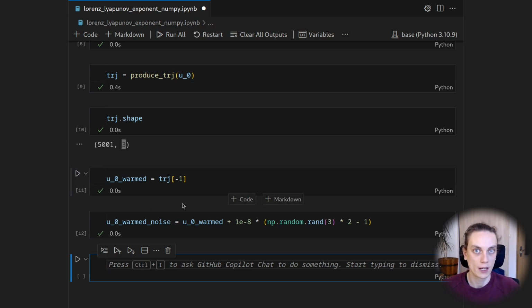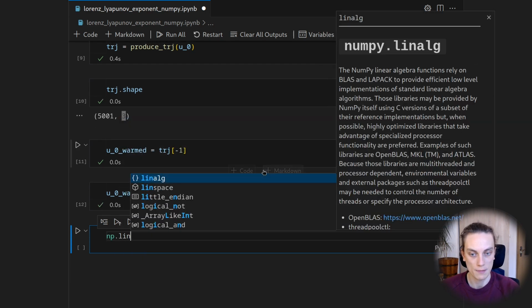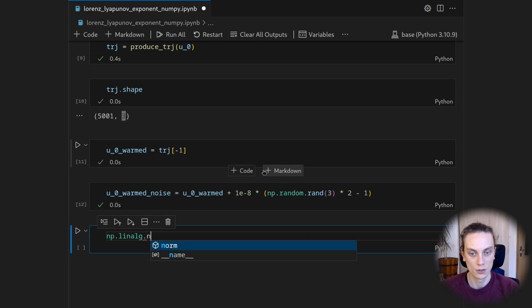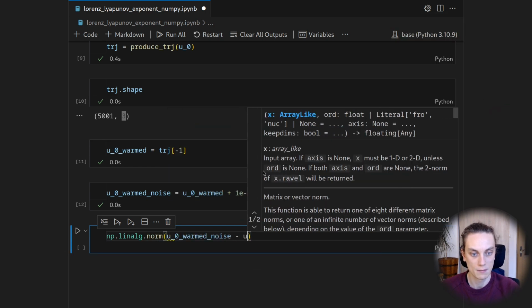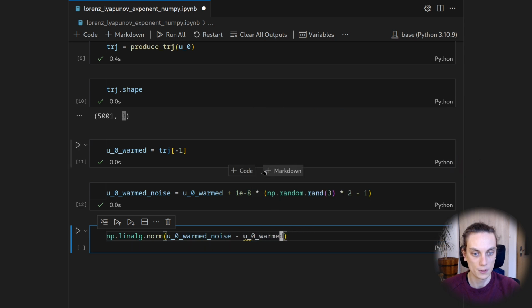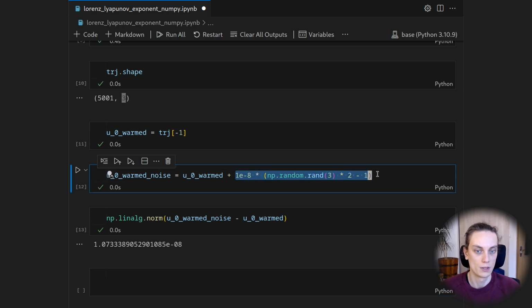And then we basically have these two new initial states, which we could evolve into a trajectory. But let's first check what is the distance between the two. So we can do numpy.linalg.norm on U warmed noise minus U warmed. And then you see the distance between the two is approximately on the order of 10 to the minus 8, which fits with the noise that we added to the warmed initial condition.